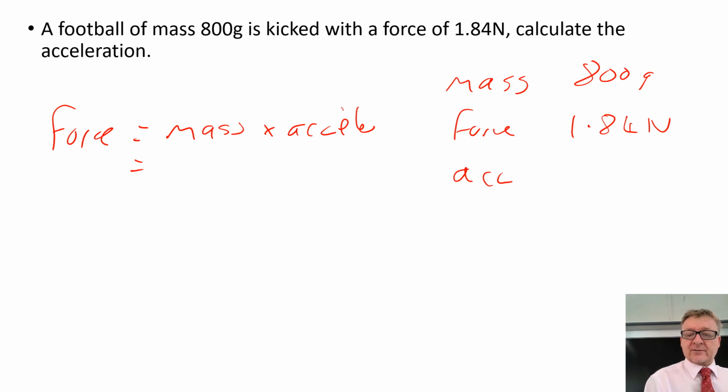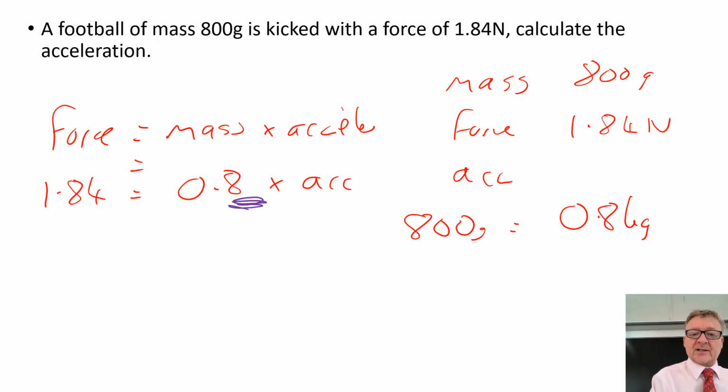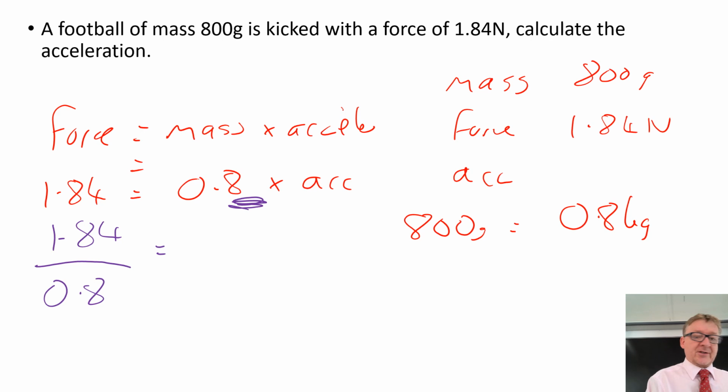Check the units. 800 grams needs to be converted into kilograms, so that will be 0.8 kilograms. So the force is 1.84 equals 0.8 times the acceleration. And because it's times on this side, it becomes divide. So it's 1.84 divided by 0.8 equals the acceleration, which is 2.3 meters per second squared.